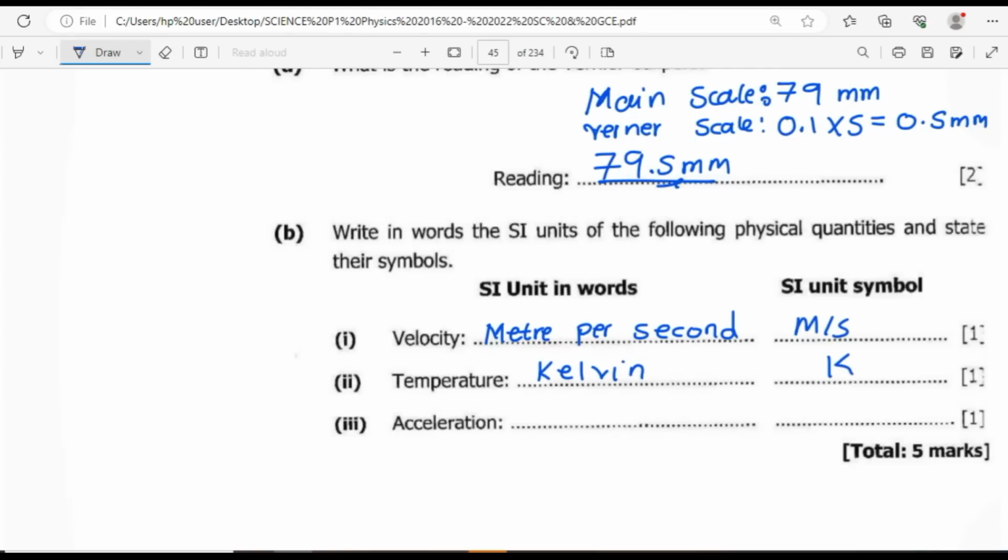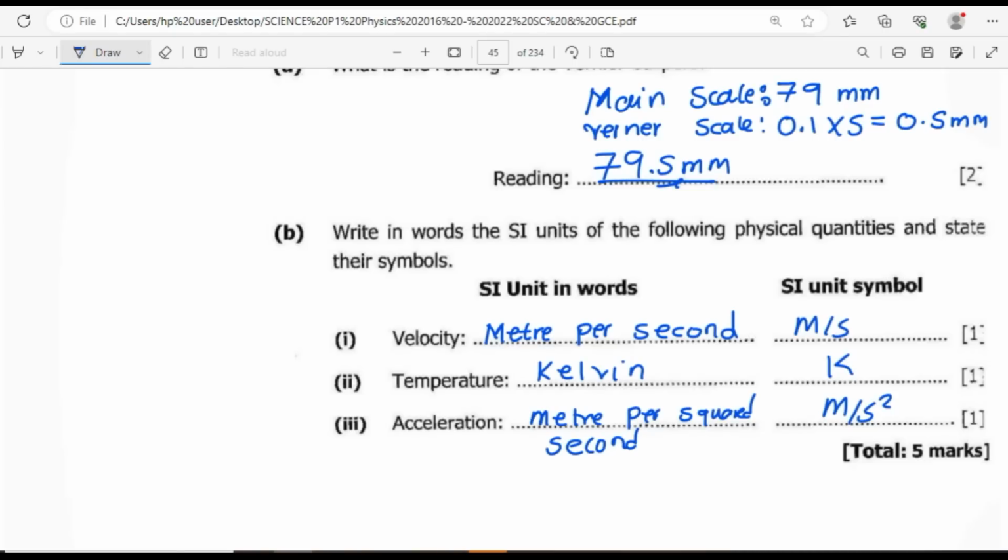Here we have K. Acceleration is meter per second squared. Then here we have m/s squared.